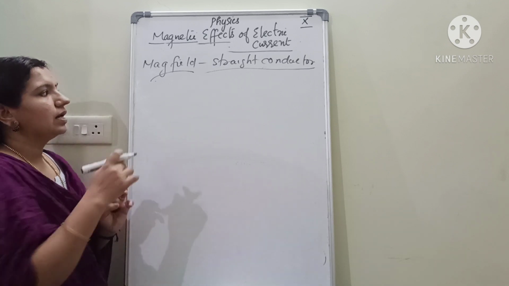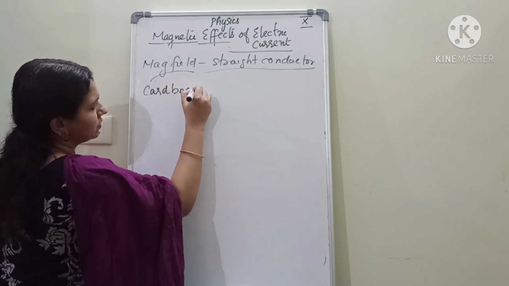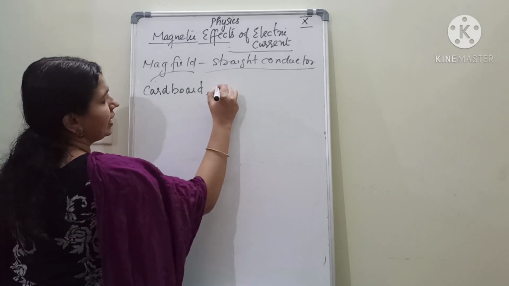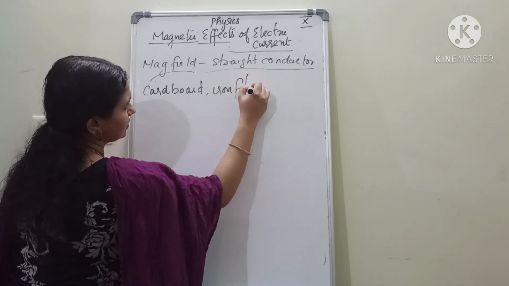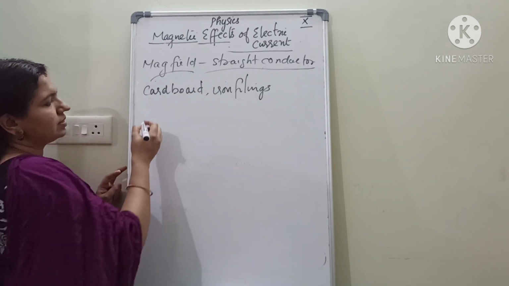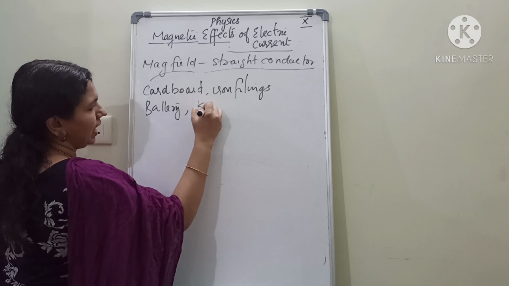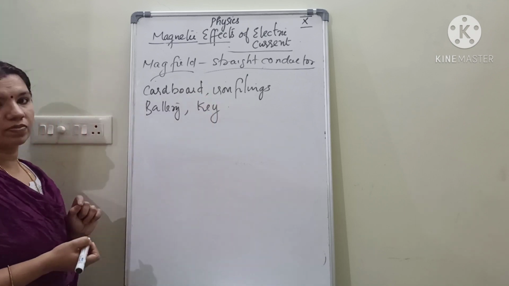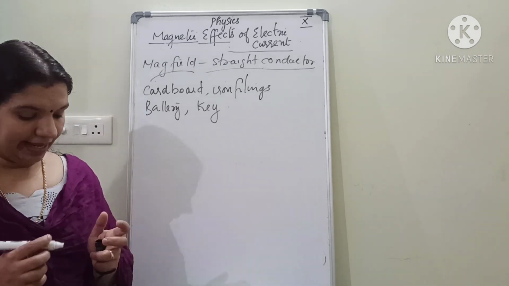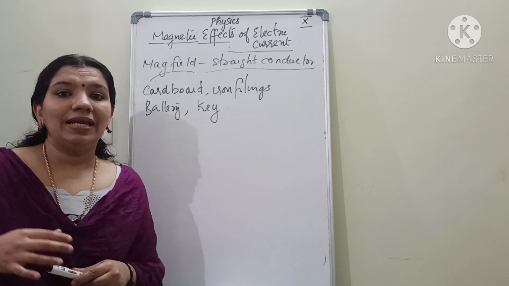First one is cardboard, a rectangular cardboard. Okay, and second is iron fillings. Next is battery and a key.